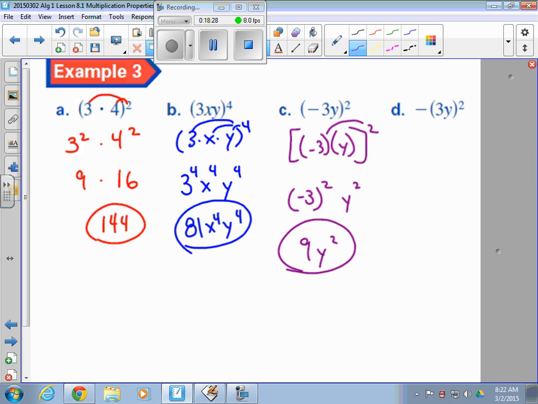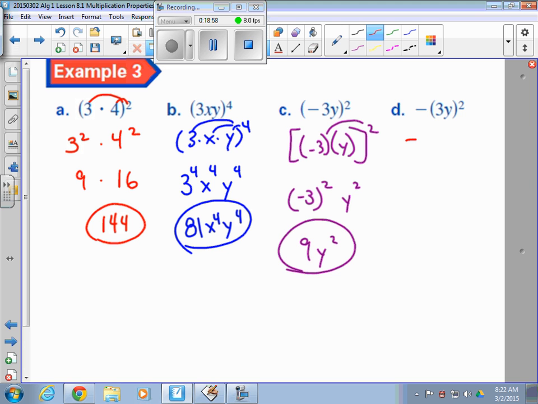And then the last one, negative, notice the difference between C and D, 3y squared. The difference between C and D is the negative outside of the parentheses.